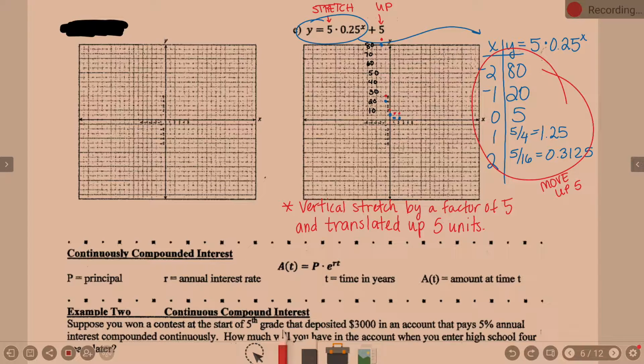And those two move, instead of being right above the x-axis, they're right above 5. Okay. Those red dots are my graph.